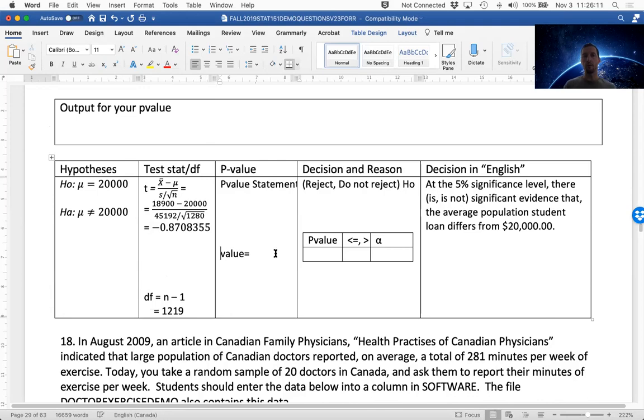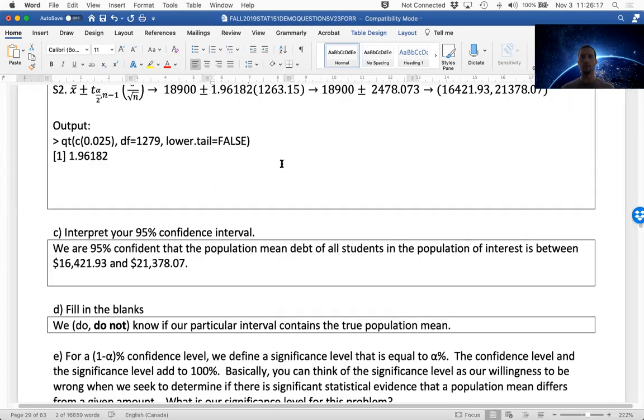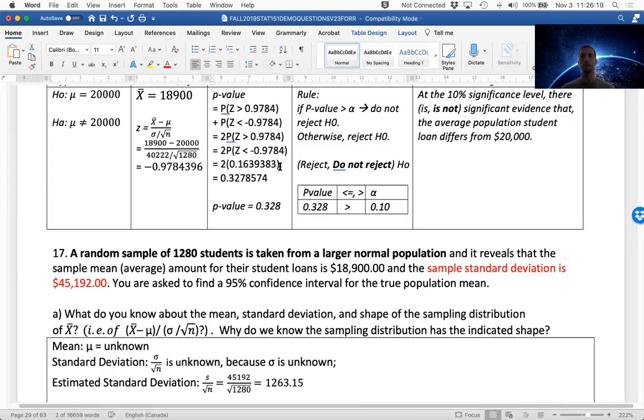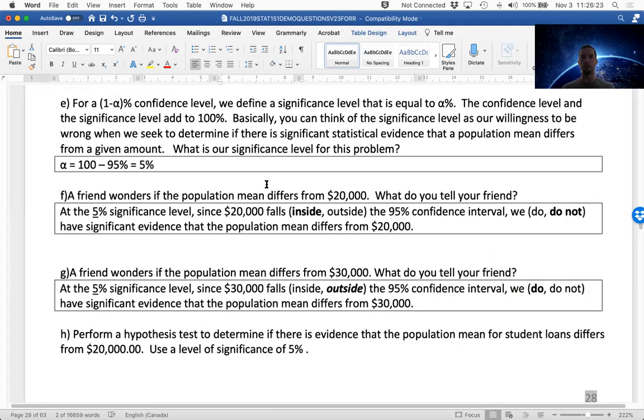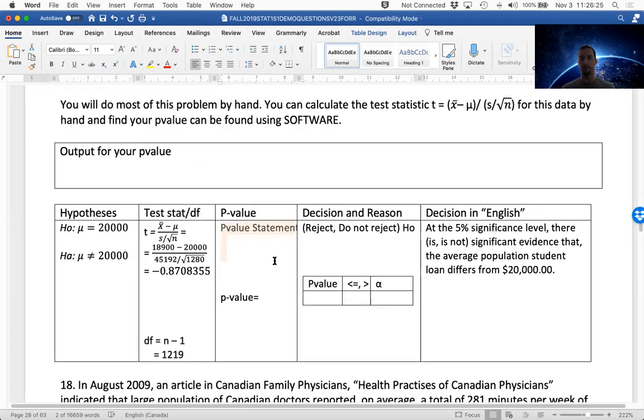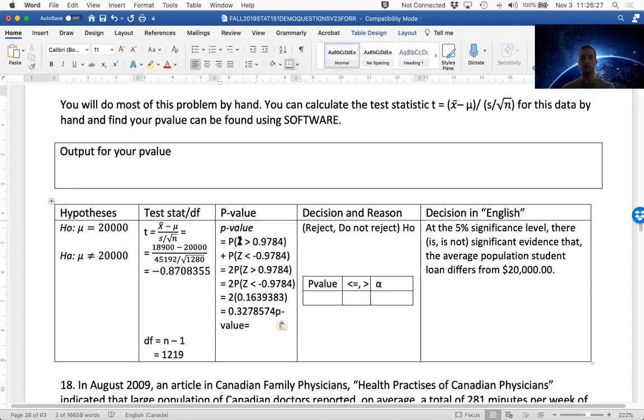So we're still performing a two-tailed test. The p-value for this test is going to have the exact same structure that we had above. The only difference is that we're replacing our z-score, the capital Z, with a capital T, because we're using a t-value rather than a z-score.